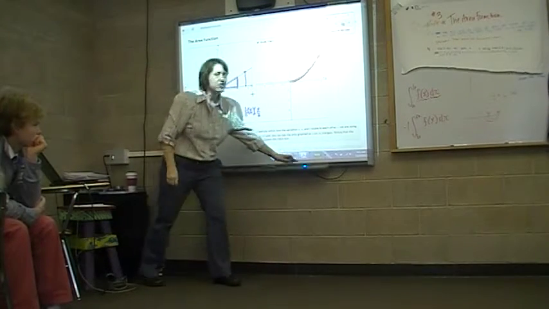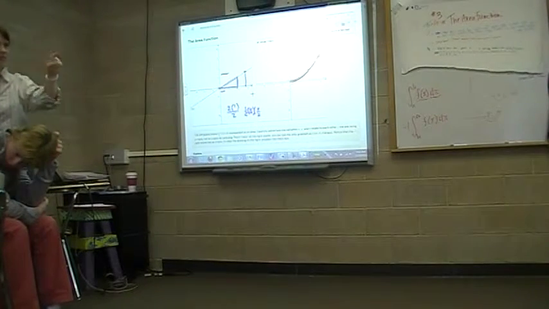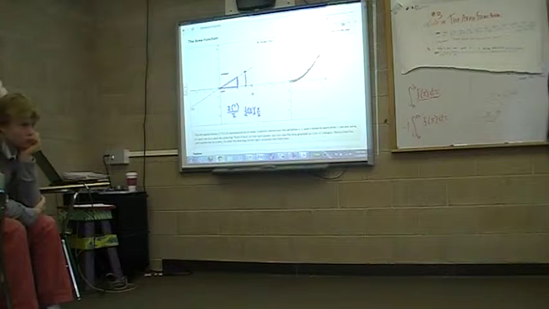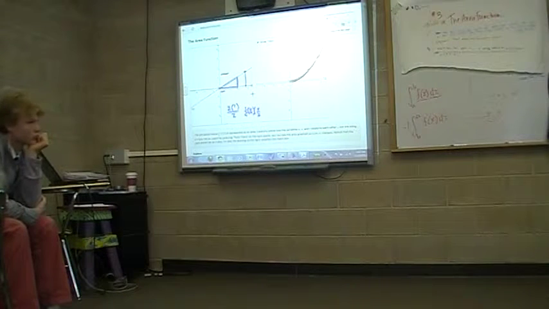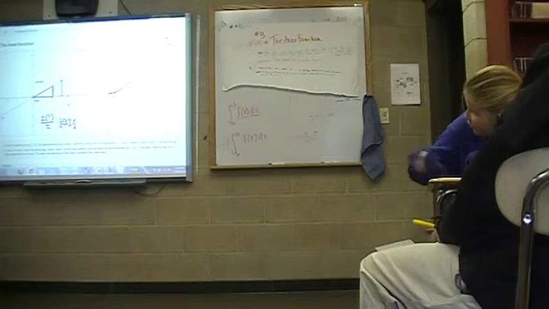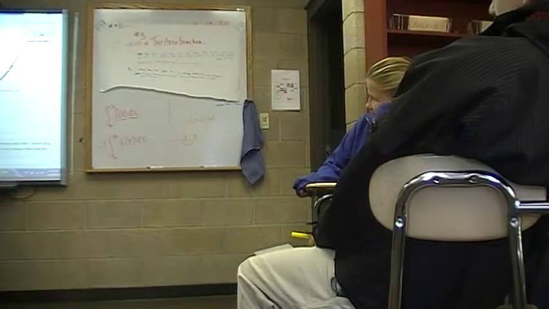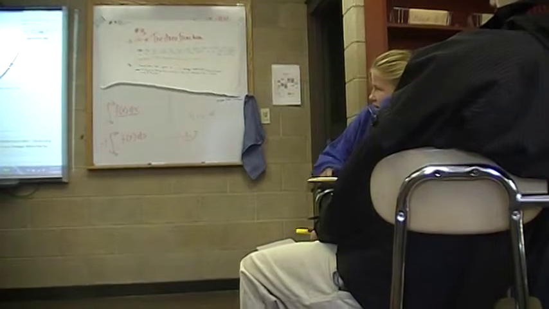Okay, now here's the sort of big connection, and Jesse and Kendra were onto it already. Do you think you can explain? Give it a shot. Kendra, it's all you. Well, the derivative of the integral is that, or, like, the derivative is the area under the graph.